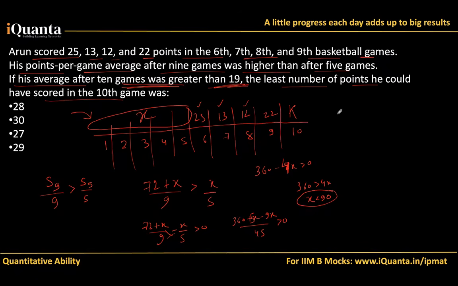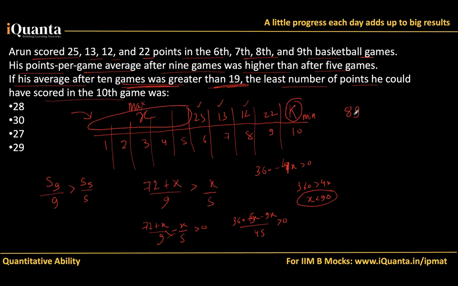So let's take the highest value which is less than 90, because we want him to score as minimum as possible over here. When the sum of all the quantities is constant and we have to minimize one value, we have to maximize the others. So I'll take x just less than 90, which is 89.